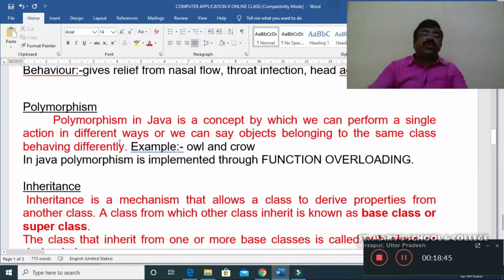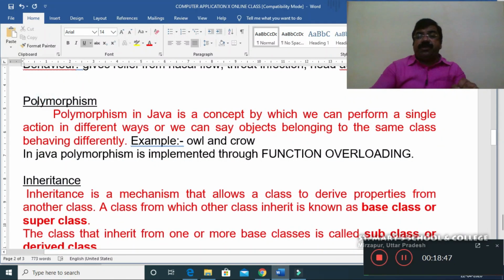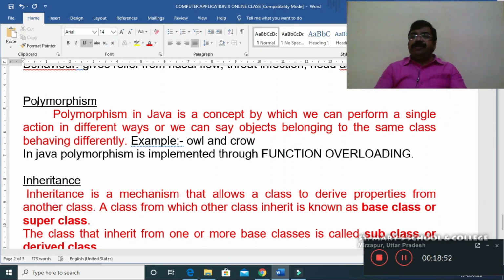Next concept is polymorphism. See, 50 students are here, or 60 students. Out of these 50 or 60 students, you may behave differently in the same situation. Suppose you are getting scolded by the teacher.